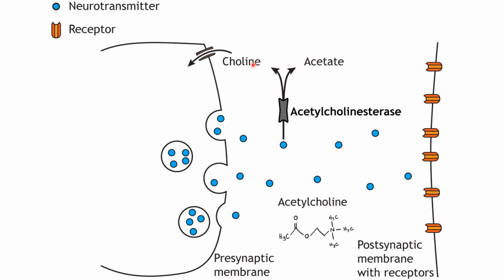What will happen to the choline is that it will be transported back into the presynaptic terminal. So that is now the process whereby acetylcholine is catabolized after being released into the synaptic cleft.